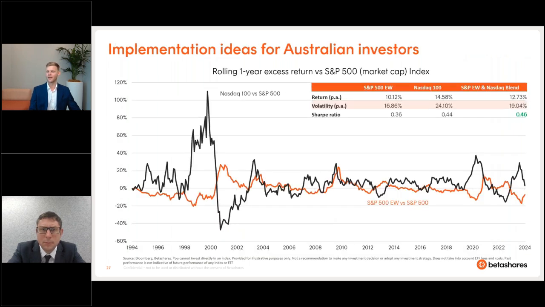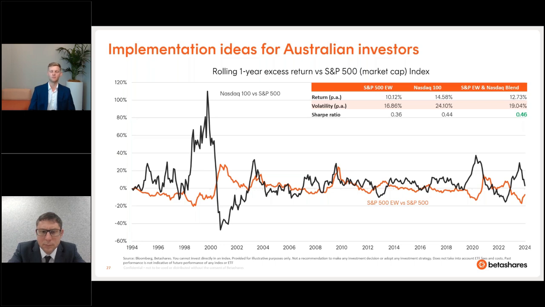And then I did just want to touch on quickly, the decision really isn't do I just put my whole portfolio in the equal weight index, so I put it all in the S&P 500, or for instance the NASDAQ 100 like we have. The NASDAQ's one of our most popular funds here at BetaShares. And so we ran some analysis just looking at when does the NASDAQ tend to outperform the S&P 500, when does the S&P 500 equal weight tend to outperform the S&P 500 market cap weight.